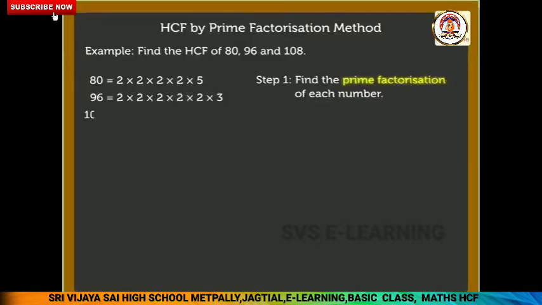Lastly, 108 is equal to 2 into 2 into 3 into 3 into 3.